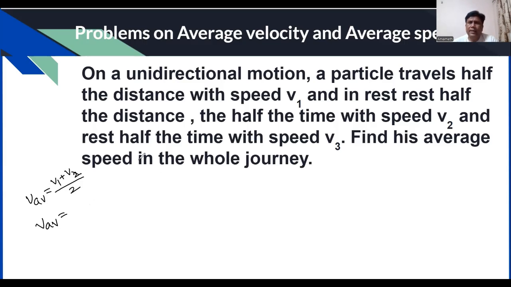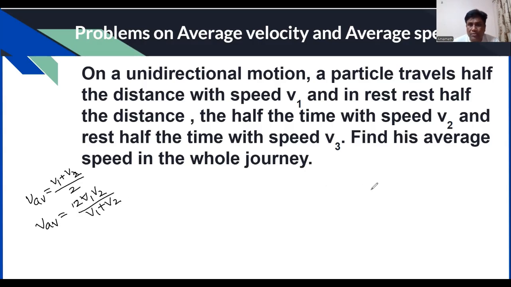The average velocity becomes 2 V1 V2 by V1 plus V2. Remember it.